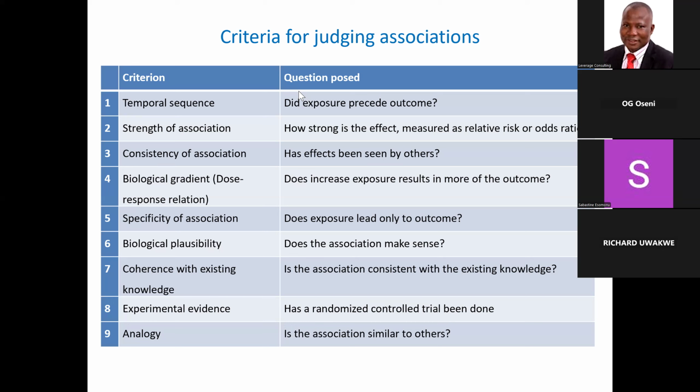Mind you, it is not number one. Specificity of association, which is 5. Does the exposure lead only to that outcome? In some situations, the exposure only leads to that outcome. That is the only thing it causes.